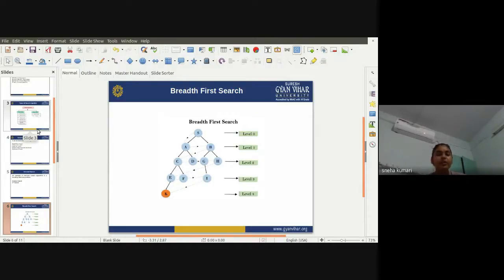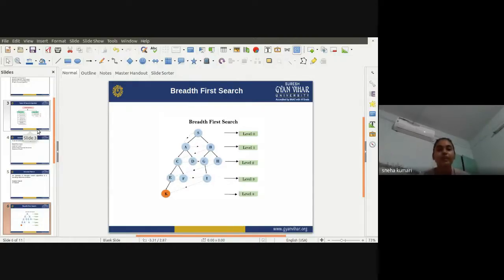After that, F is on the front. F has no children, so it is marked as traversed and removed. After that I is present, so it marks I as traversed because I has no children. After that it finds K, and K is actually the search key. So it matched, and the result is given that it was found.